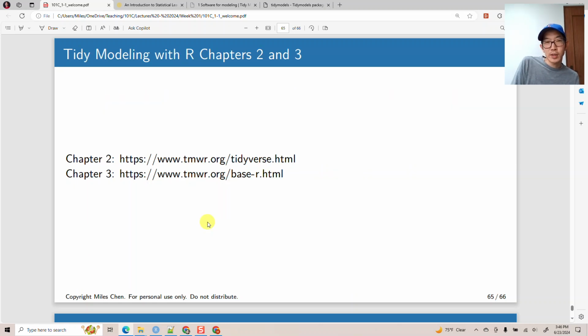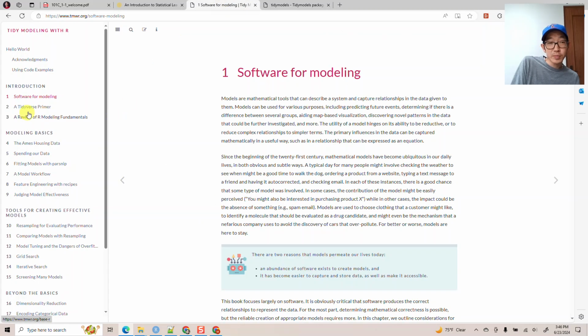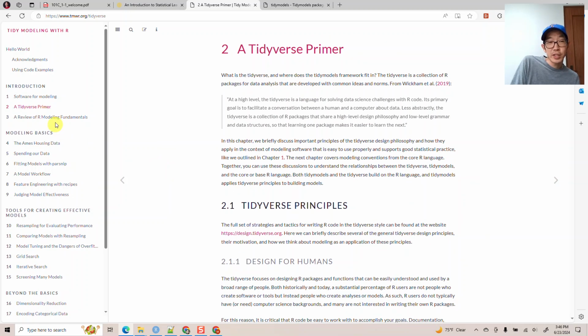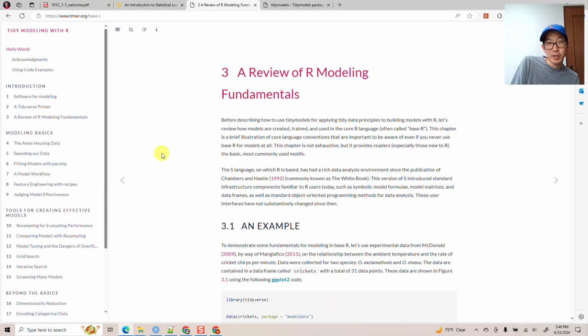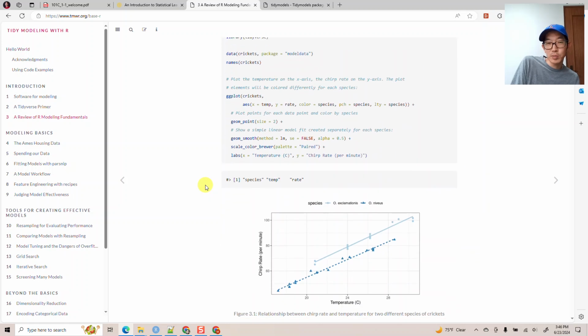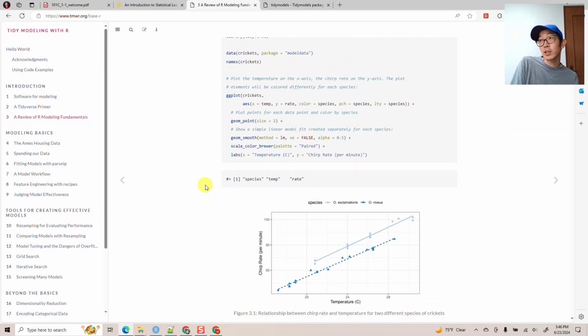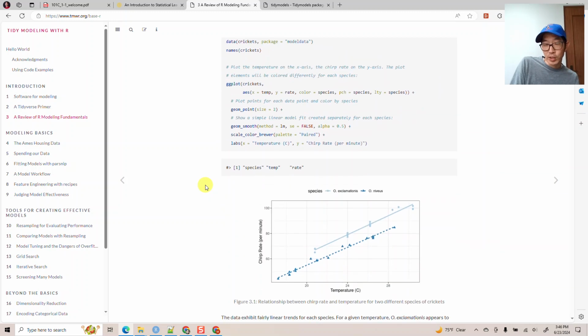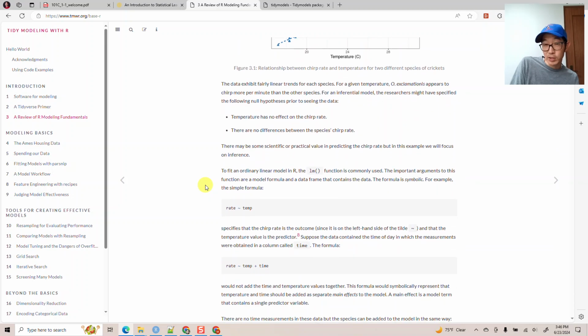Okay, so what I want you to do is to start reading the textbook on Tidy Modeling with R. Be familiar with the tidyverse, and I'm under the assumption that you have taken 101A on linear regression, so at least you have some familiarity with the basics.